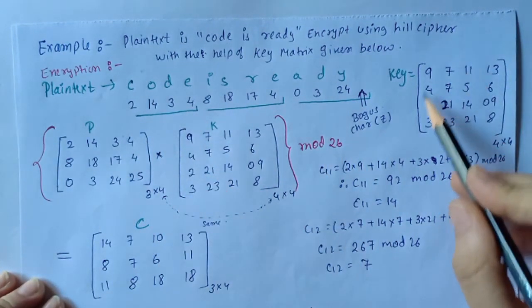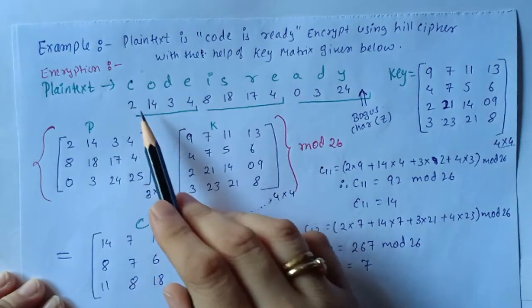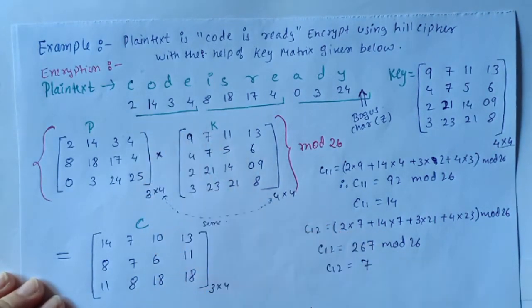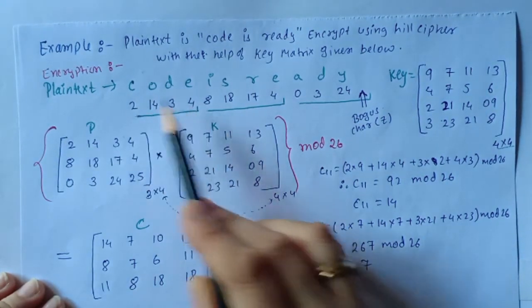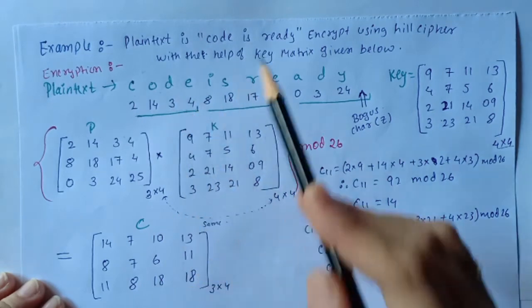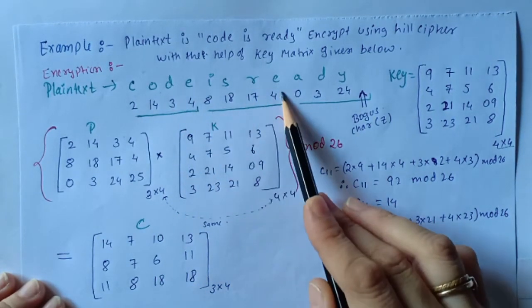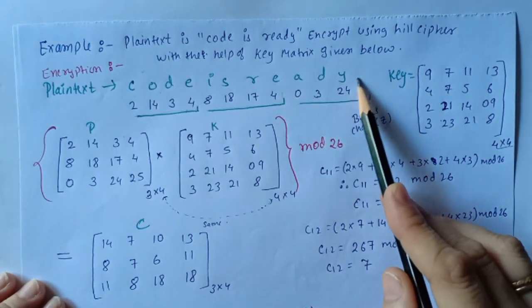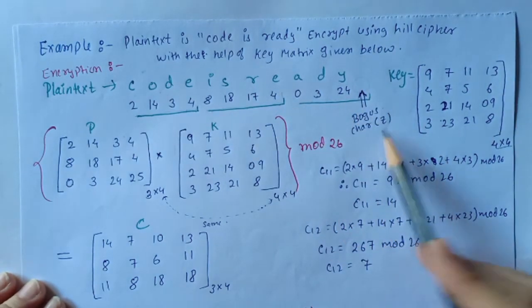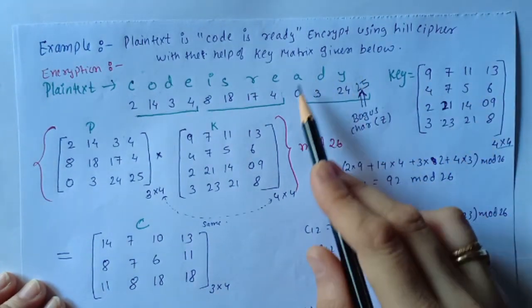Here we have a key of size 4 by 4, so we will arrange blocks each of size 4. So we take CODE in one block, then ISRE in the next. These 4 we take in one block, and then for the remaining 3 we insert a bogus symbol, that is Z. The value for Z is 25.